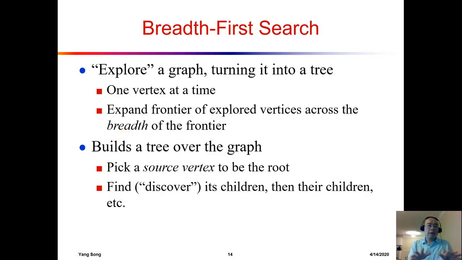So we are expanding the frontier of the explored area across the breadth of the frontier. Okay, so build a tree over a graph. So we have to pick a source vertex, and that will be the root. So we are specifying which root we are going to take as the root.